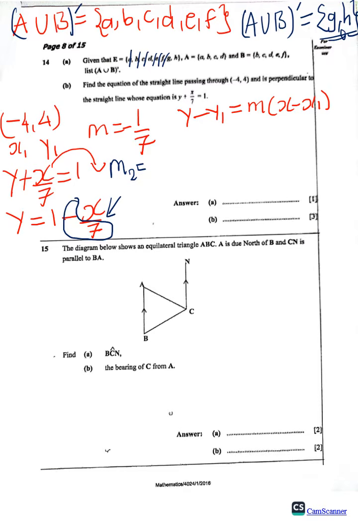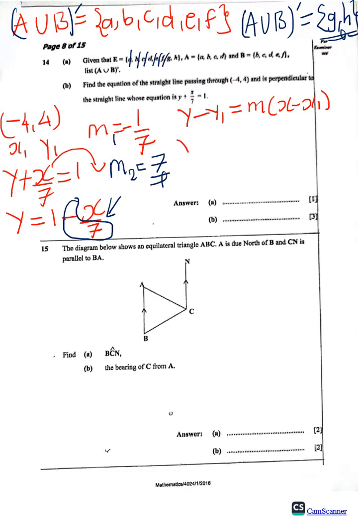So instead of 1 over 7, this will become 7 over 1, which is the same as 7. Since gradient 1 here is negative, our gradient 2 is positive. So for you to find the gradient of a perpendicular line, the sign must change. Also, if you have been given the fraction, you just have to flip the fraction where the denominator becomes the numerator and vice versa. So since now we have the gradient, we can now proceed.